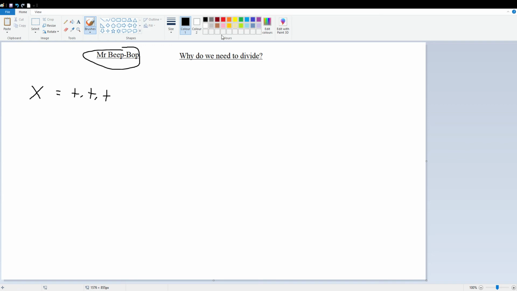Some of you might know this already, but we'll draw a quick table like this. This is going to be add and subtract.